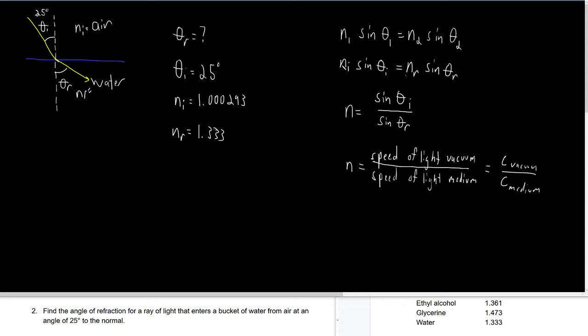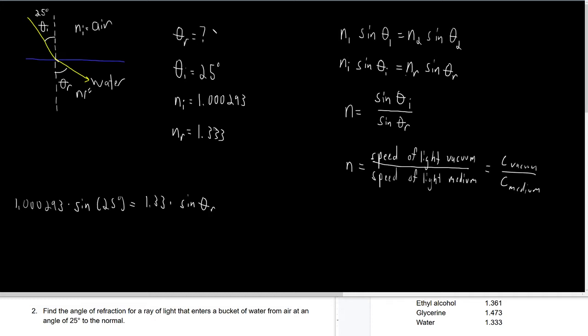So n_i is 1.000293, times the sine of our incidence angle, which is 25 degrees, equal to the index of refraction for the second medium, 1.33, times the sine of the refracted angle. And that's what the question is asking for.